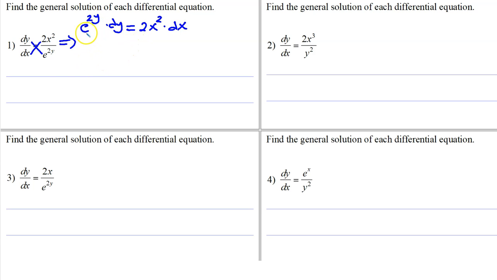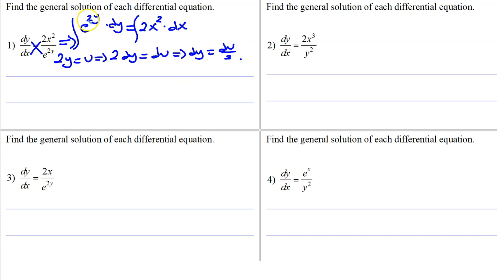After we separate the variables, we're going to integrate both sides. For the left hand side, I need to apply the u substitution. If I set 2y equal to u and differentiate, we get 2 dy equals du. From here, we get dy equals du over 2.